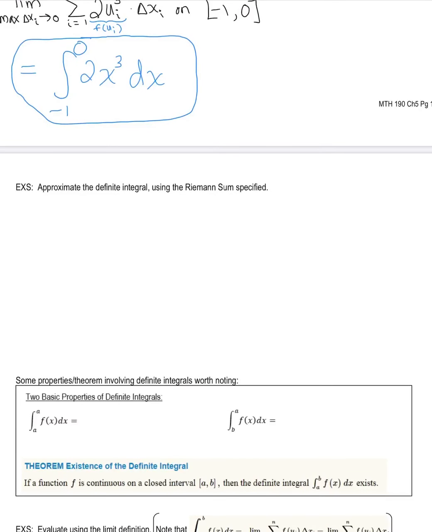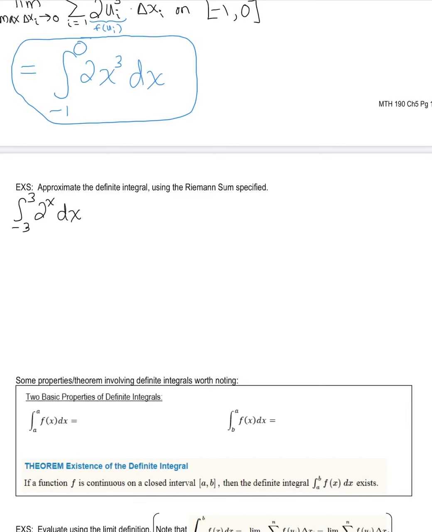Now let's look at one where we're actually going to approximate what the definite integral is using the specific Riemann sum that we specify here. So let's look at another example. And so this one we're going to have the definite integral from -3 to 3 of 2 to the x dx.